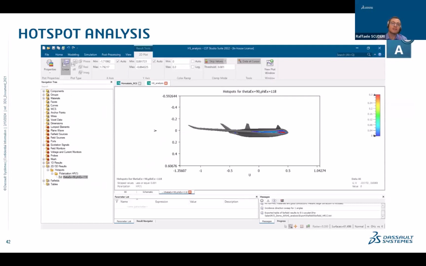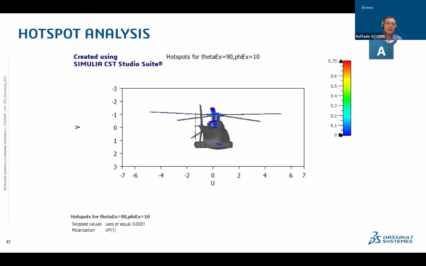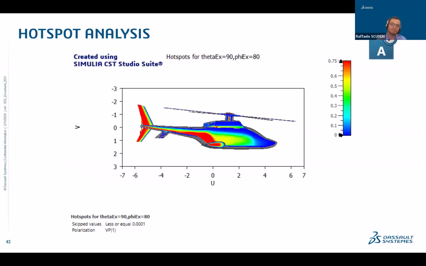Okay, so I said, let me run a hotspot analysis. And the result of the hotspot analysis, as you can see, is this qualitative plot where we can see what are really the hotspots, so the main contributors for the RCS. And this can be done for one single aspect angle or for different aspect angles, to have a full picture and a clear understanding of what's going on.